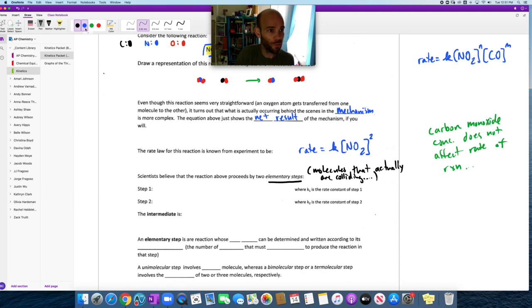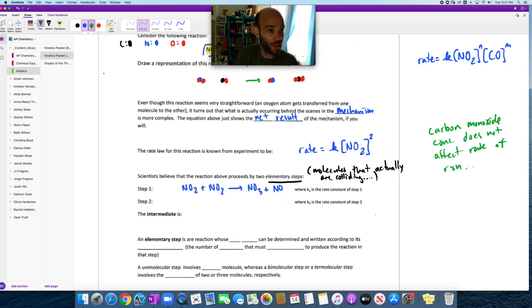Okay, so they believe the first step is that 2 nitrogen dioxide molecules collide with one another, and that generates something called an intermediate, NO3. They think just for a moment there's a little bit of this NO3 stuff, and some NO is generated as well.